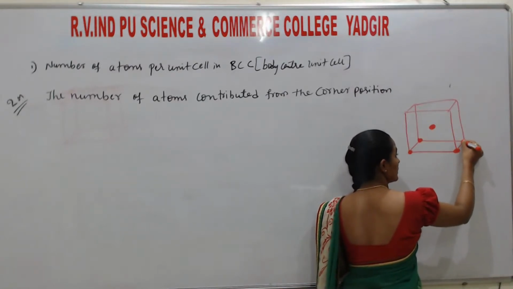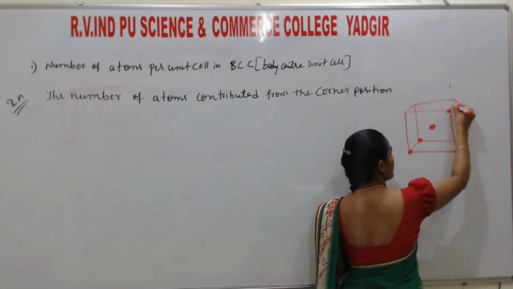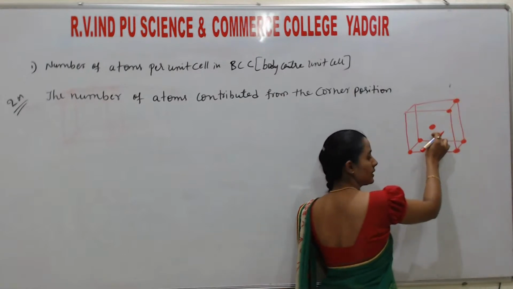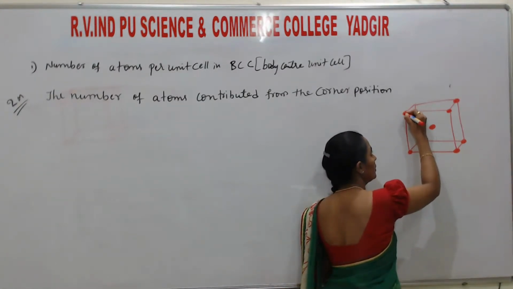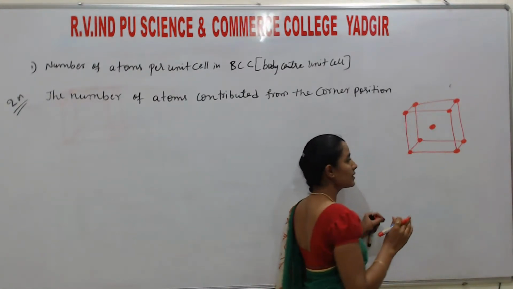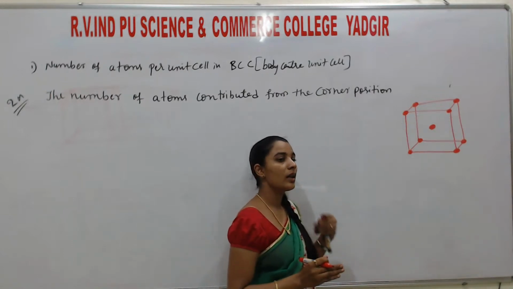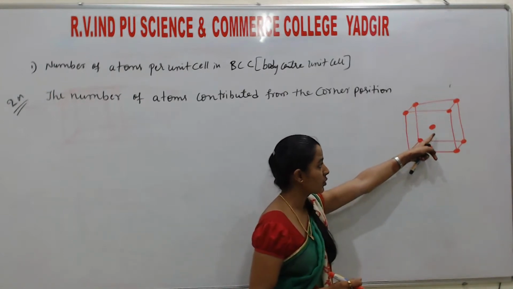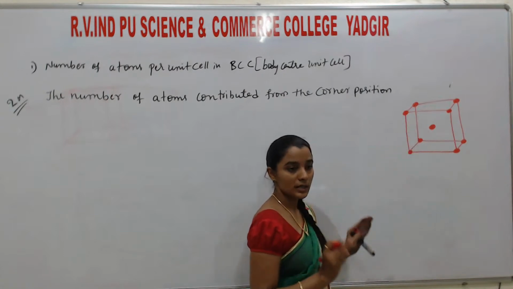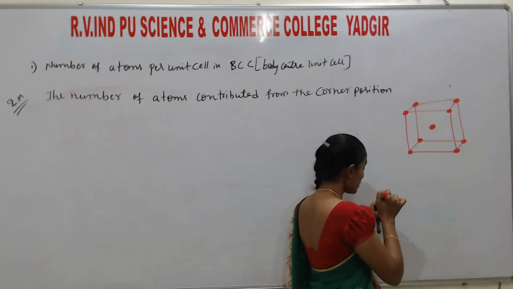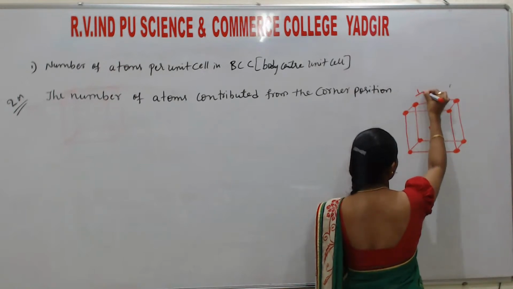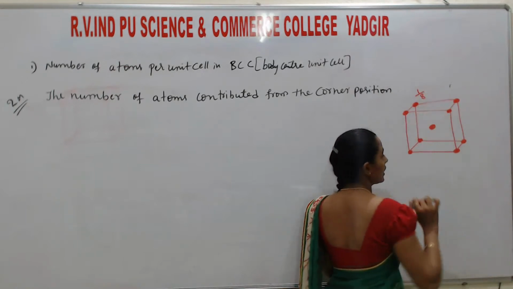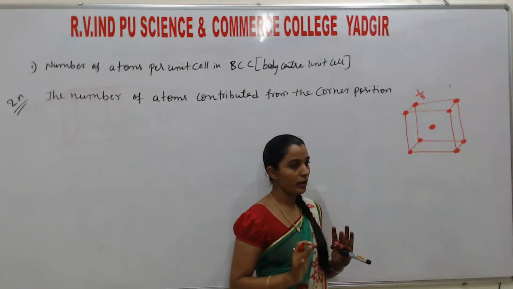It is a primitive unit cell along with one extra constituent particle present at the center of the unit cell. We know that one atom at a corner is shared between 8 unit cells, so per unit cell 1 by 8.